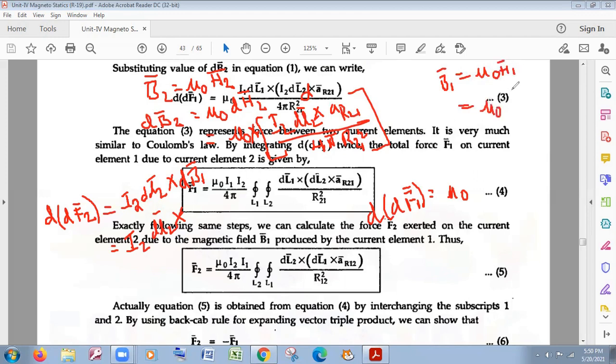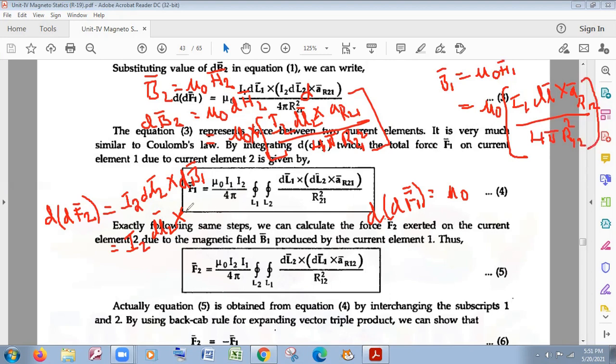Mu naught into, previously we wrote I2 dL2 bar, now it is I1 dL1 bar cross a, from 2 to 1, now aR12 bar, whole divided by 4 pi R12 square. Got it, my dear student?